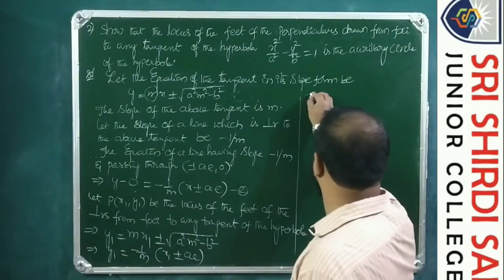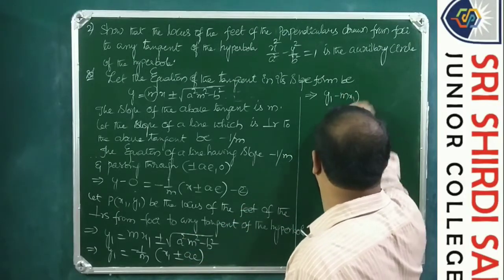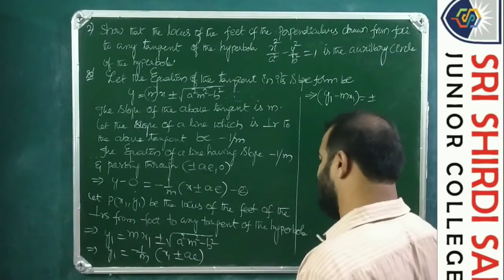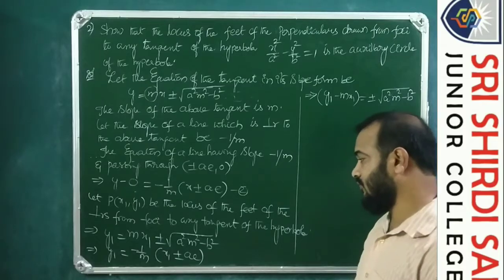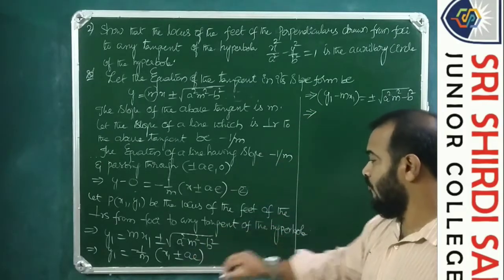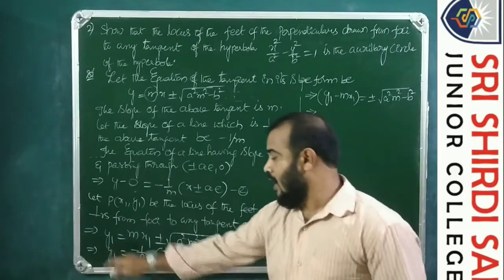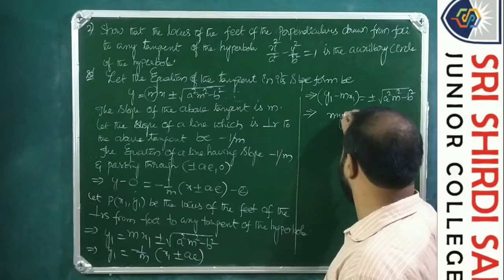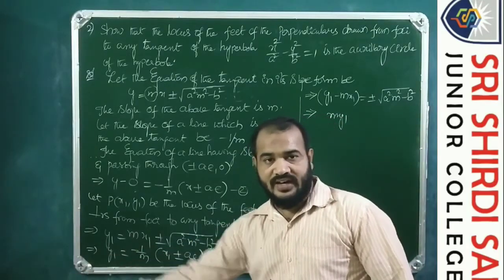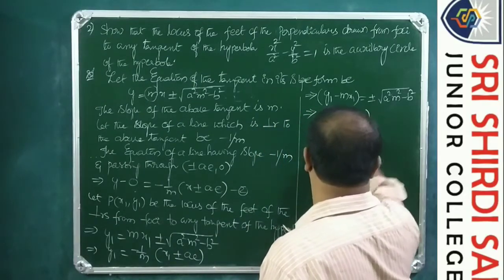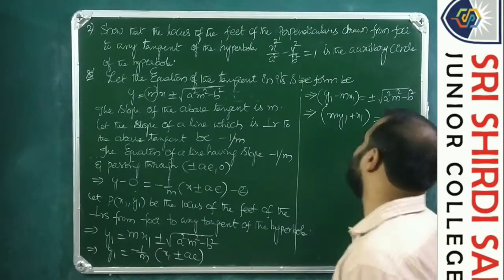So y1 minus m x1 is equal to plus or minus the square root of a square m square minus b square. So this is y1. So this is m y1. This minus x1, if you transpose it to that side, plus x1 is equal to plus or minus ae.